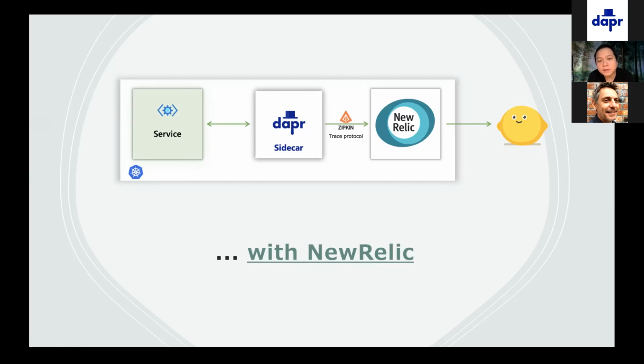That speaks to the ubiquity of the Zipkin trace protocol. In the last call we had some demo using New Relic, and the Zipkin protocol can be used. There's no change needed from our code. Again, later you can go through the instructions yourself from this link.